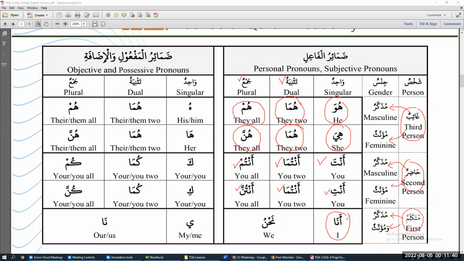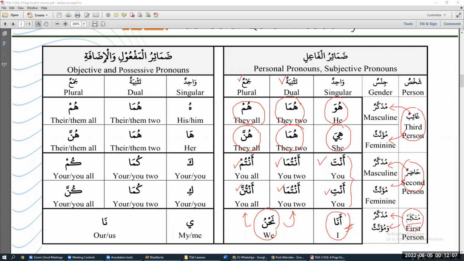It is muzakkar and muannas. Like this, anta for male, anti for female, but in the case of mutakallim it is one. There is no difference between female and male. And here it is more: nahnu, it could be dual and it could be jam'a.